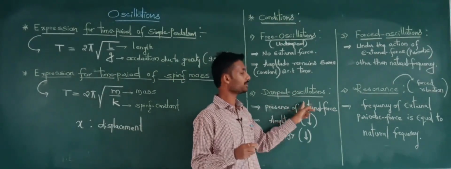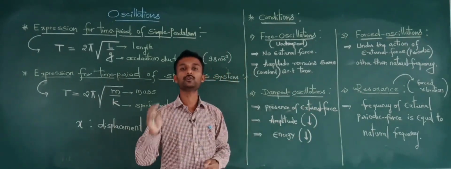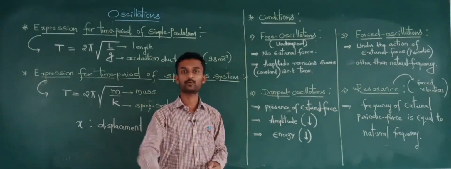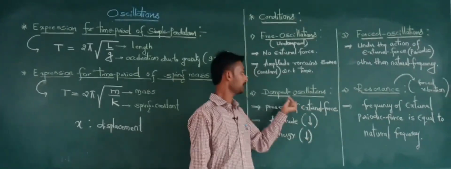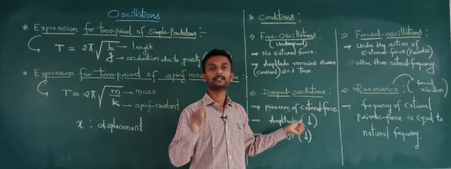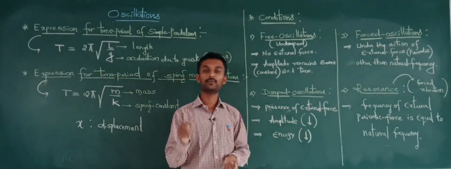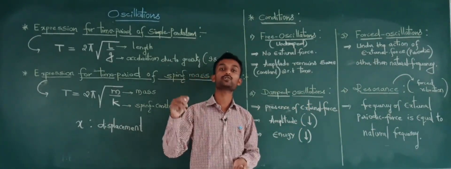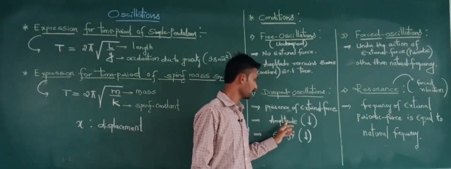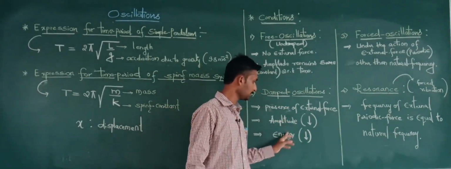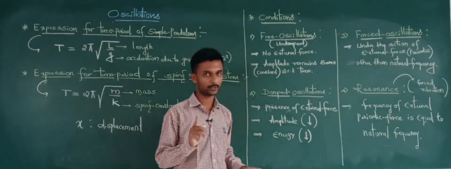The oscillations in which the amplitude goes on decreasing with respect to time are called damped oscillations. So the amplitude as well as the energy goes on decreasing with respect to time.